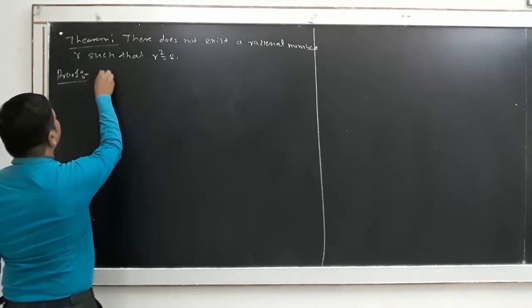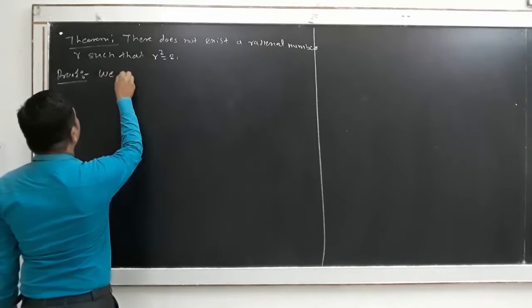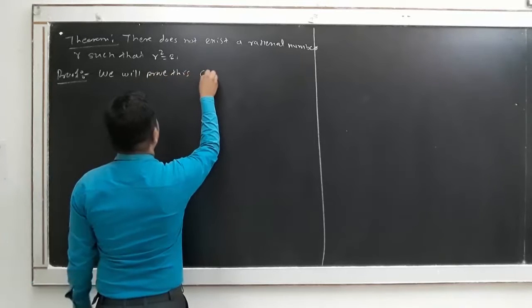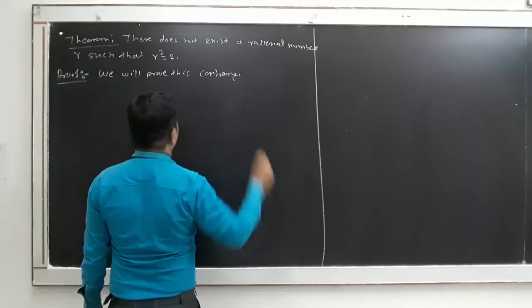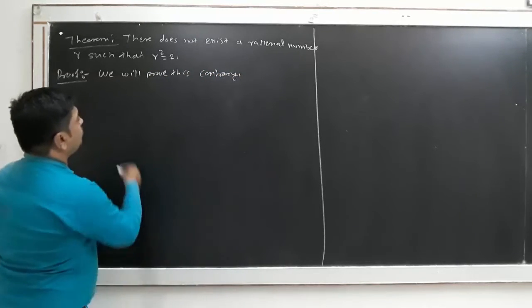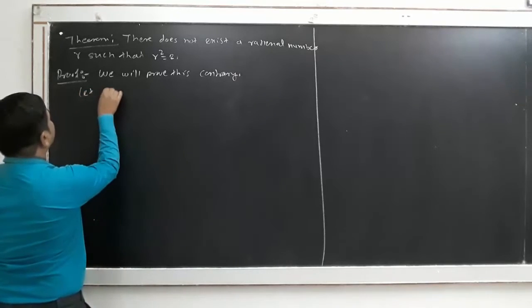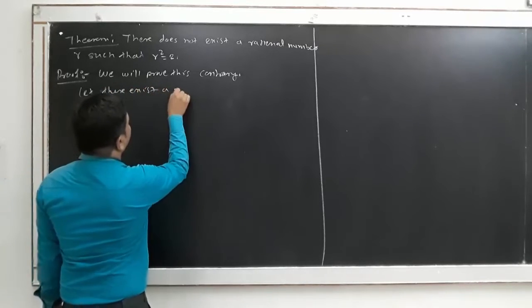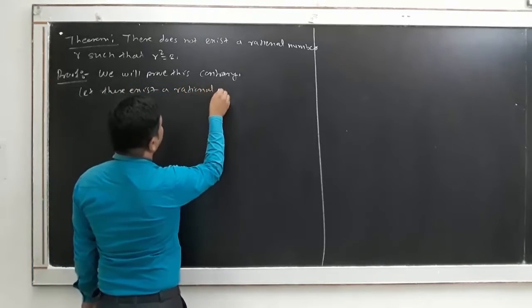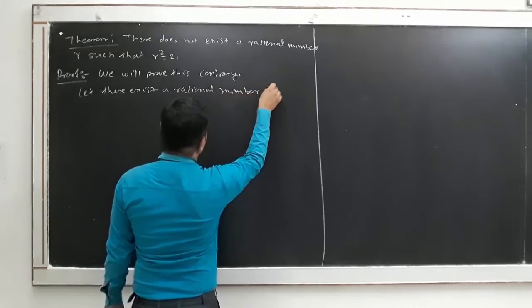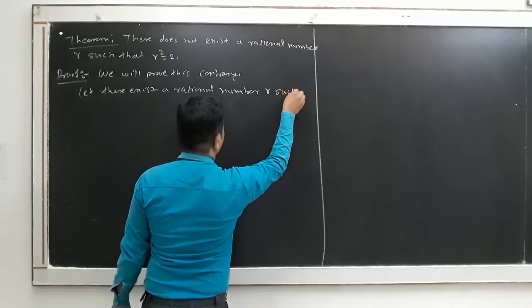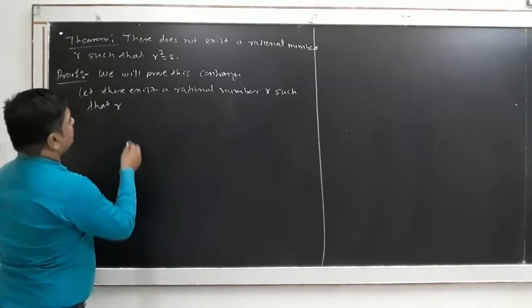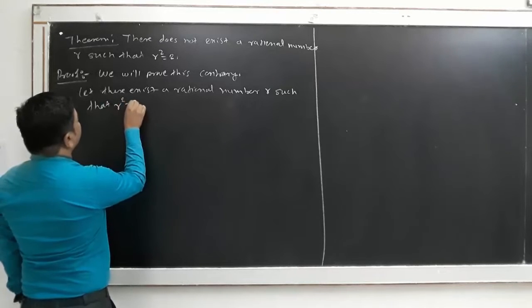So let there exist a rational number R such that R square is equal to 2.